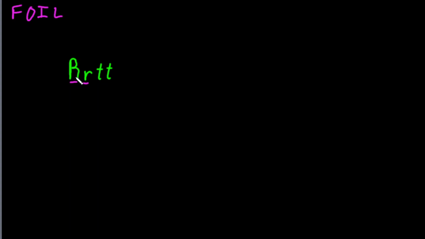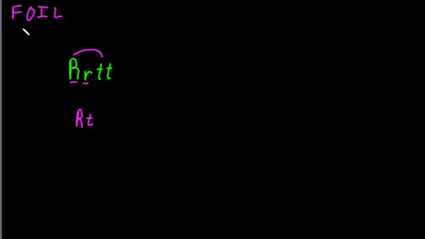So this parent could pass on a capital R or lowercase r. But that capital R could pair with this lowercase t, or it could pair with that lowercase t. And this lowercase r could pair with this t or with that t. And so we have to look at all four possibilities. So let's look at the first one. Capital R, lowercase t.